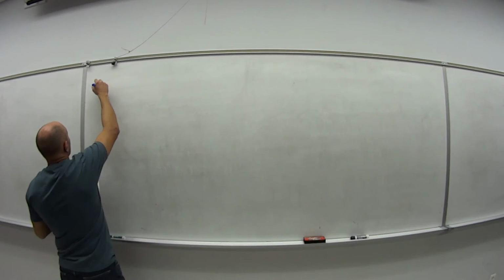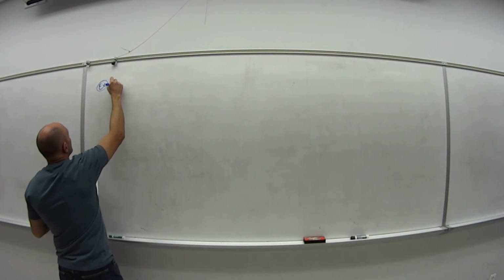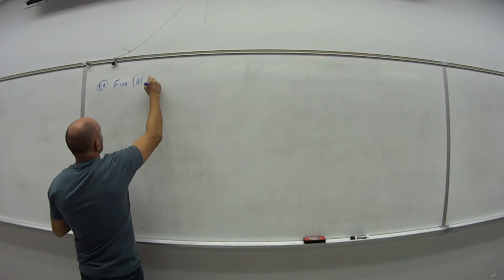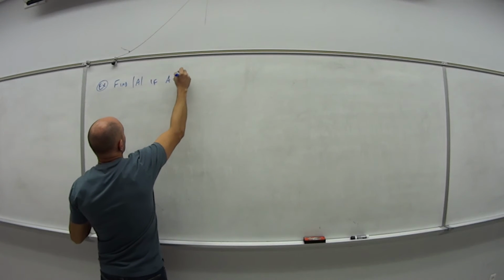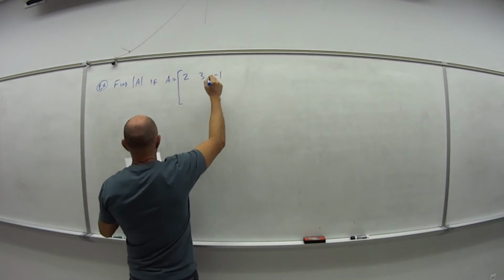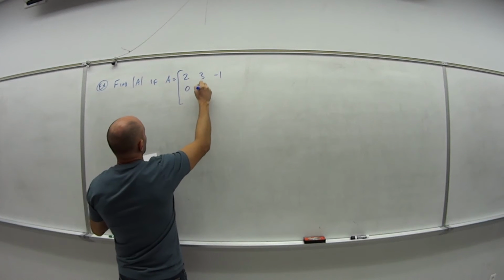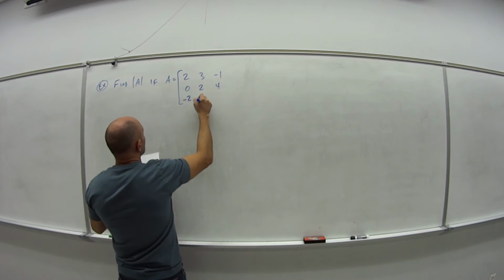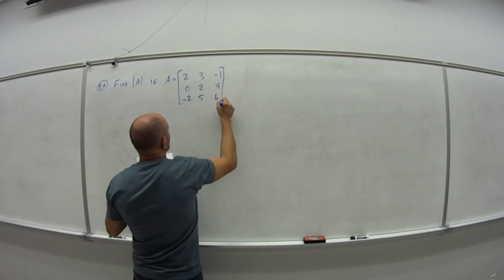All right, so we have the following example. Let's find the determinant of A if the matrix A is 2, 3, negative 1, 0, 2, 4, negative 2, 5, 6.